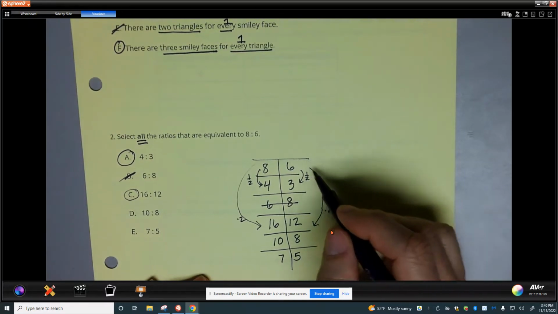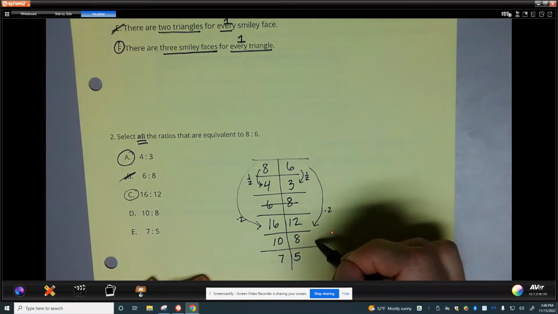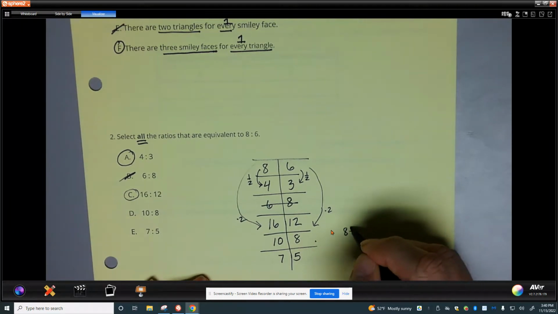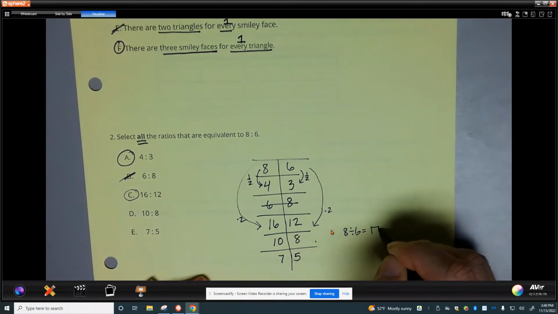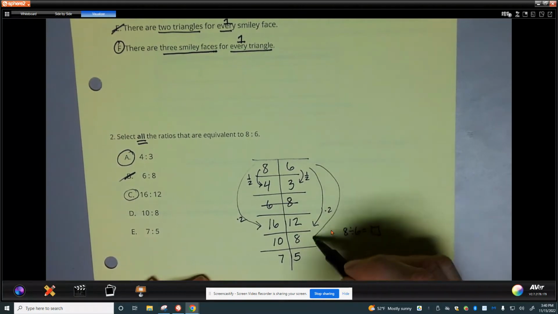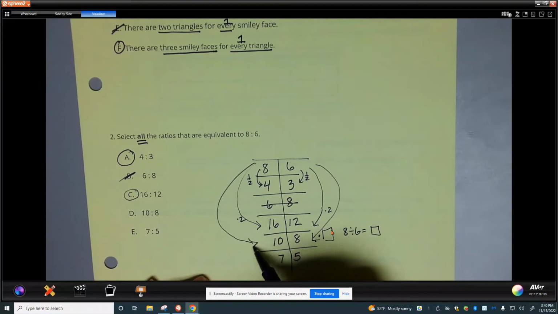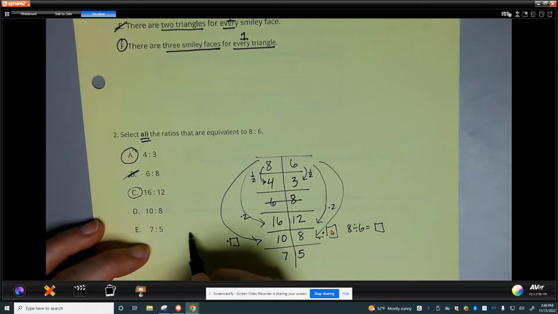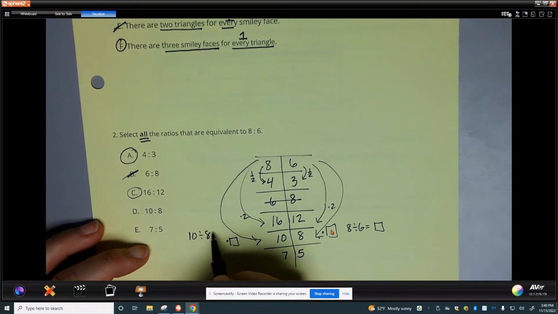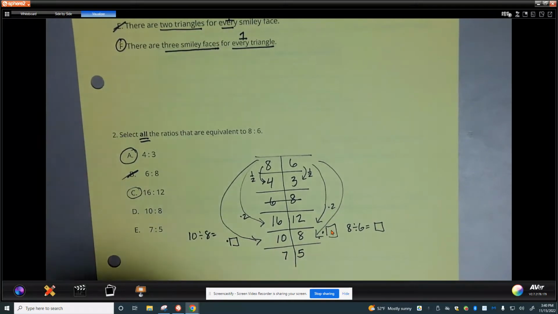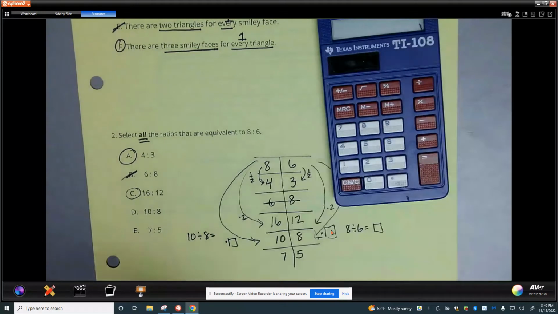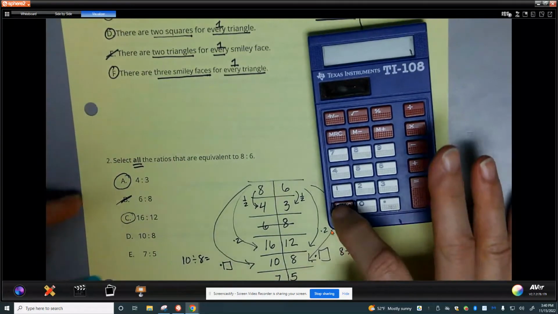So if I'm going to say to myself, 6 times what mystery number is 8, I would do division. 8 divided by 6 is going to give me that mystery number. What do I multiply by? And I would think of the same thing on the other side. What do I multiply by? So over here, I would do 10 divided by 8. Now, in order for those to be equivalent, they're going to have the same multiplier or factor.